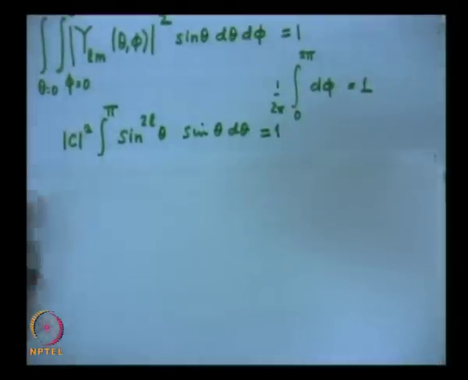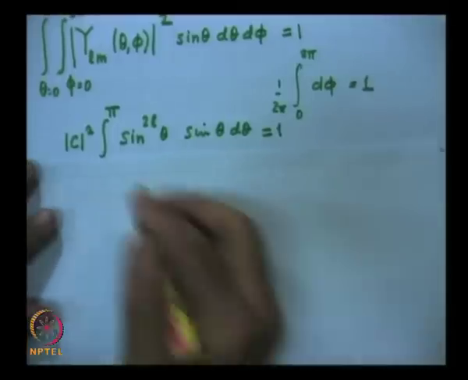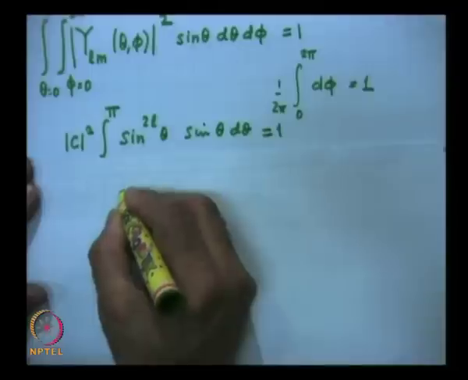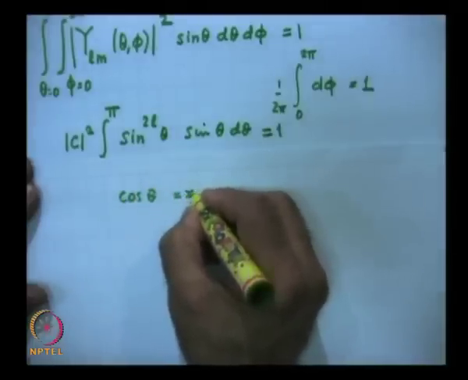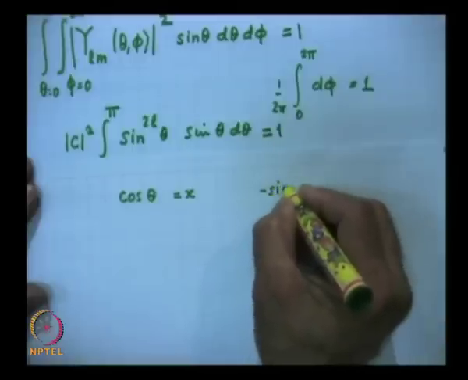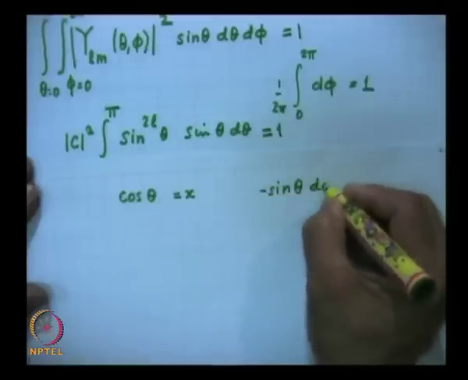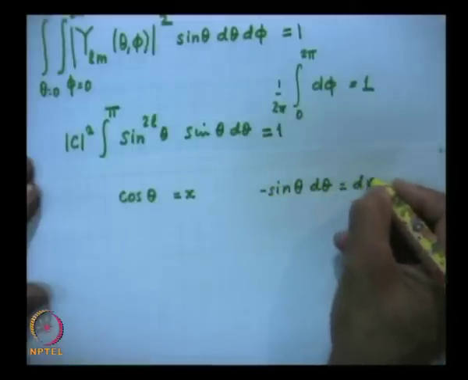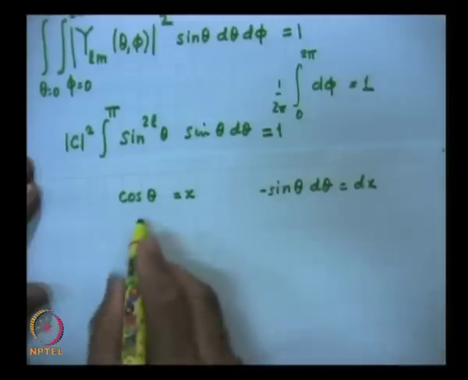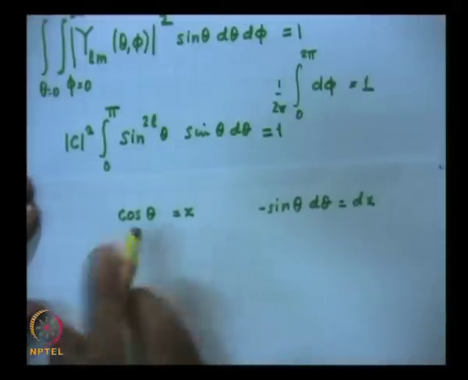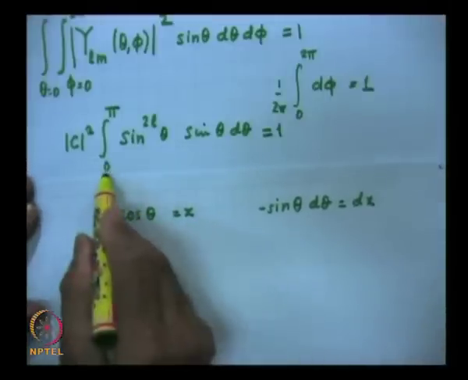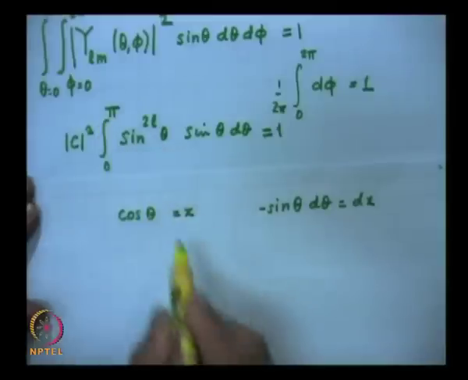So, we make the substitution that cos theta is equal to x, then minus sin theta d theta will be equal to dx, and sin square theta will be 1 minus x square. When theta is 0, x is 1, and when theta is pi, it is minus 1, but there is a minus sign here.